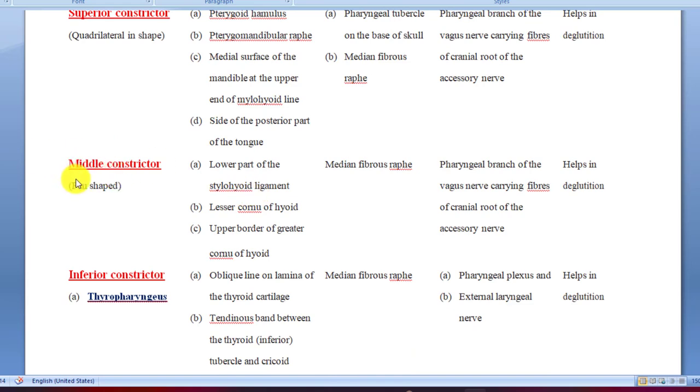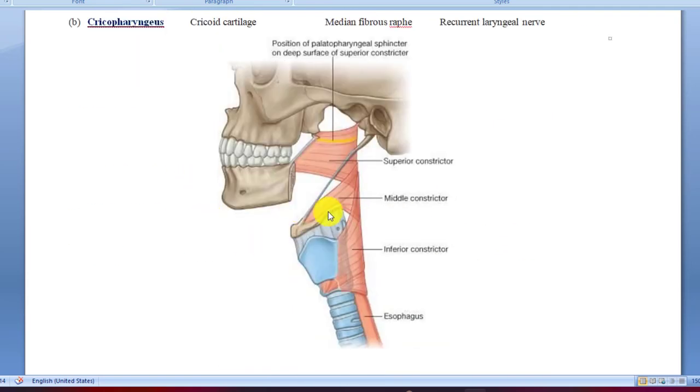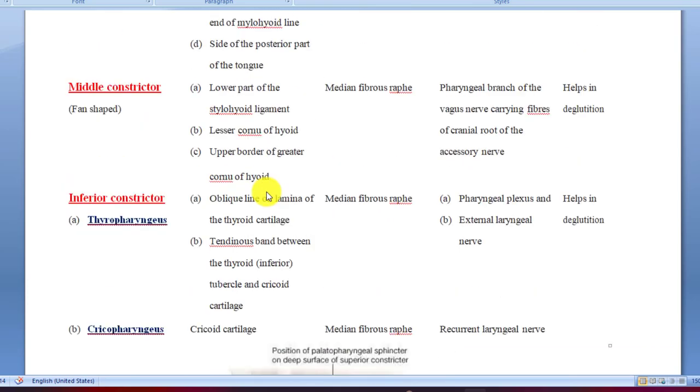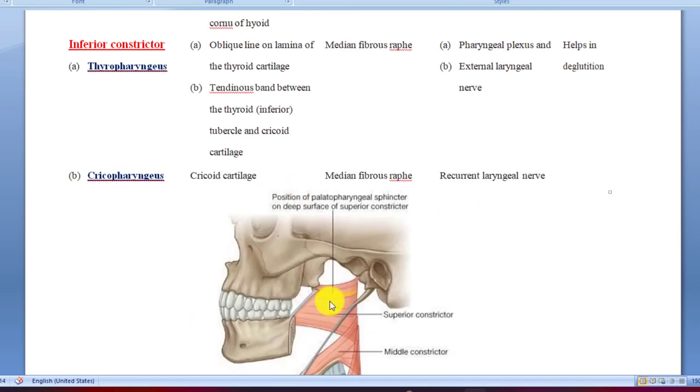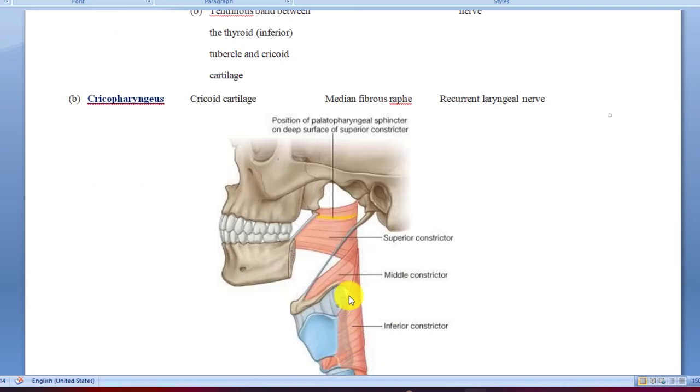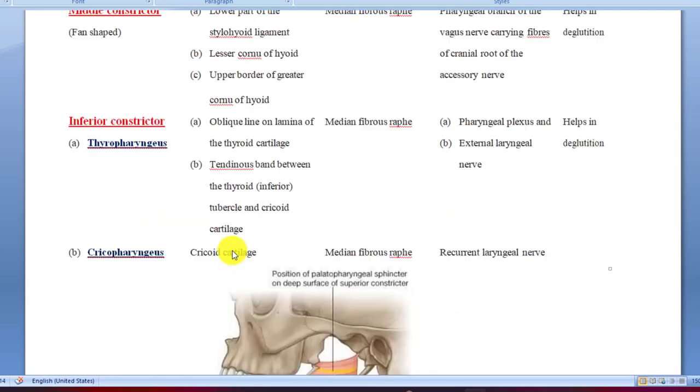And then there is the middle constrictor muscle. Here is the middle constrictor muscle, right? It is a little bit fan shaped, and you can see the superior constrictor muscle is a little bit quadrilateral in shape. Quadrilateral means it has four sides, and this one, the middle constrictor muscle, is fan shaped.